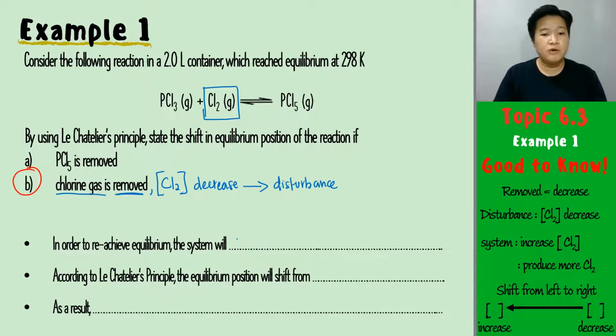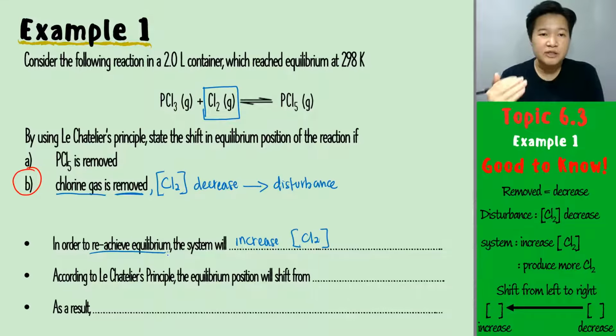Simple. The system will increase the concentration of Cl2. I'm losing Cl2, but it's fine. The system will try to increase the Cl2 so that the equilibrium is re-achieved. Okay? Bear that in mind, we want to make sure your system is always in equilibrium. So according to the Le Chatelier principle, the equilibrium position will then shift from where to where?